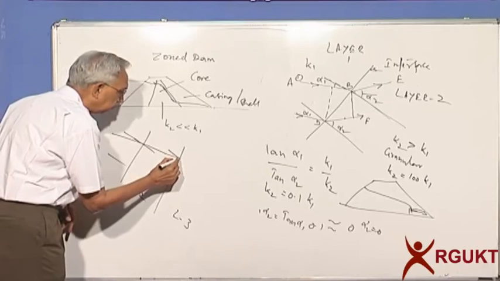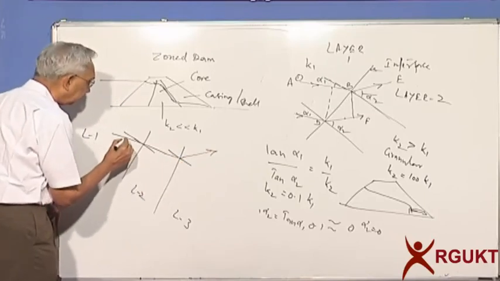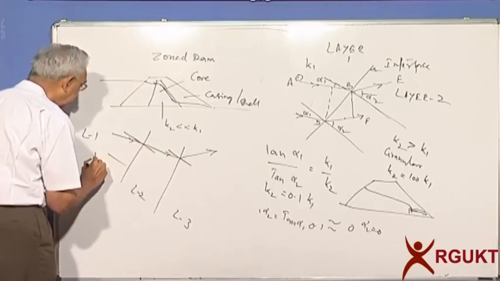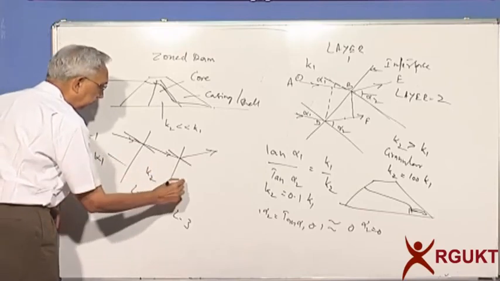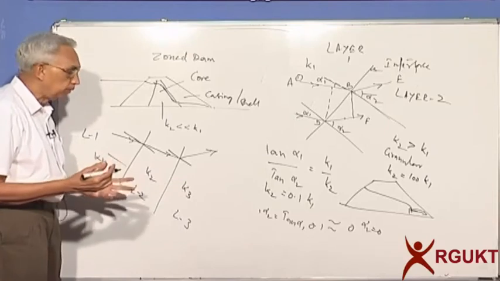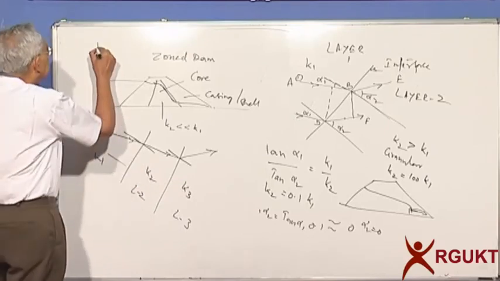It meets again, it will go in 3rd direction. So the flow line keeps changing its direction depending on the permeability. K1, K2, K3. Any number of layers you can handle without any problem, as long as you satisfy this criterion that tan alpha 1.